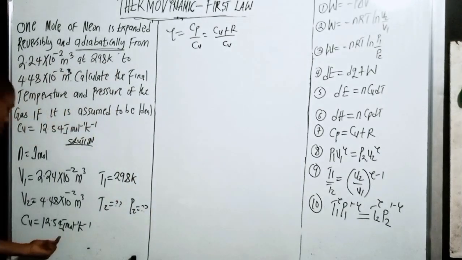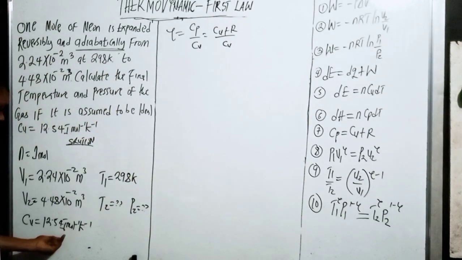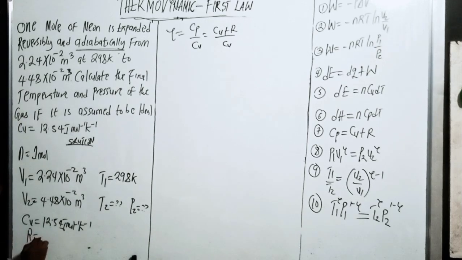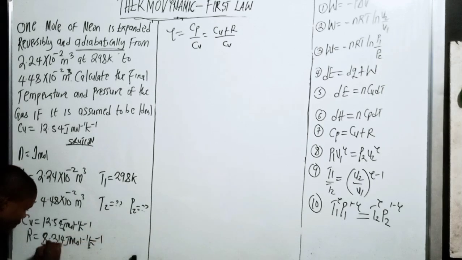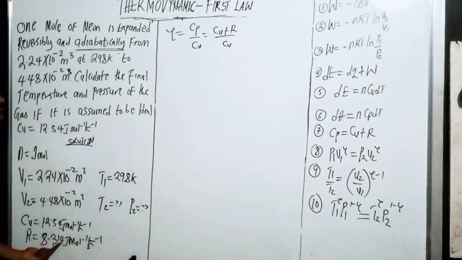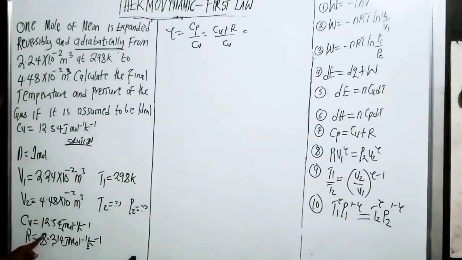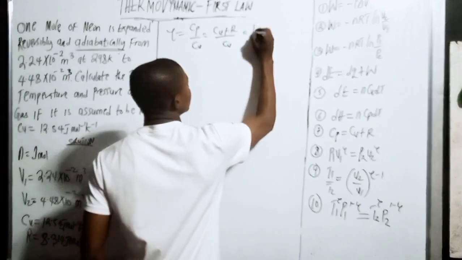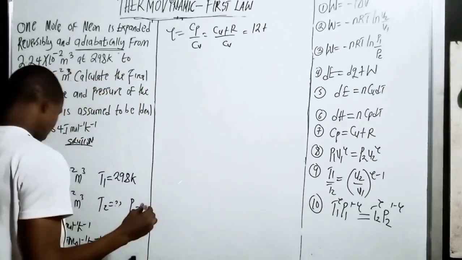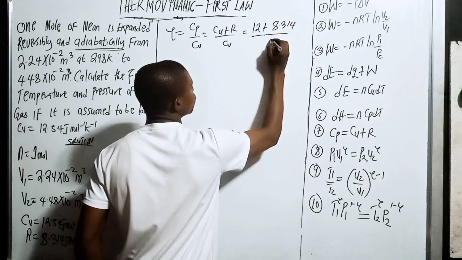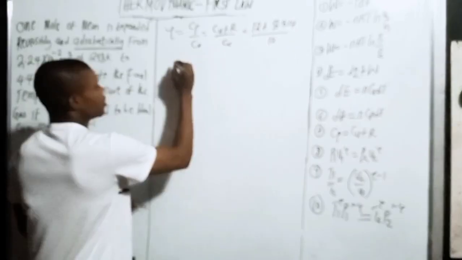Now, remember we are talking about joules here. That is my gas constant R, which is 8.314 joules per mole per Kelvin, right? So this is what I'm going to use here. Cv is 12, so it's going to be 12 plus 8.314 over 12, right?